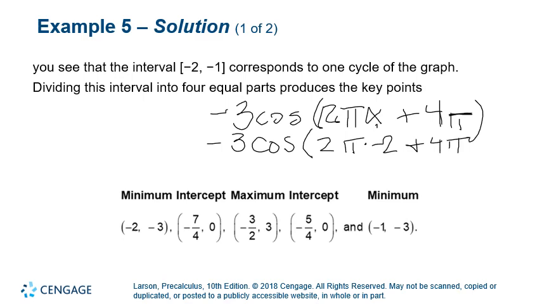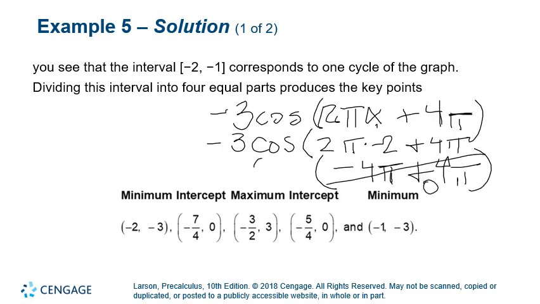Now this negative 2 times this negative 2 is negative 4 pi plus positive 4 pi. Well, we know what that's going to be. That's going to turn out to be 0. So cosine of 0, if you go back to the unit circle, cosine of 0 is 1. And 1 times negative 3 is going to be negative 3. And that's where that came from.